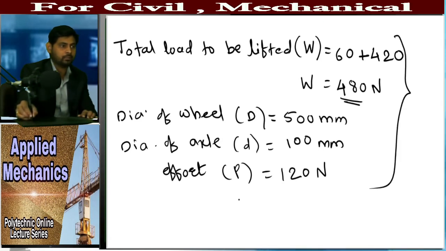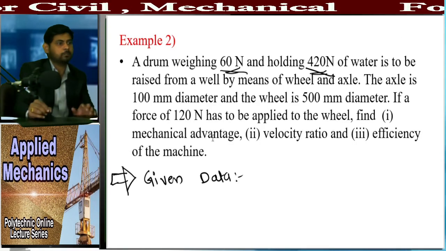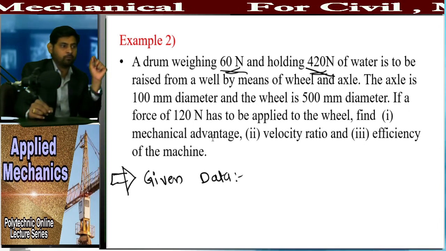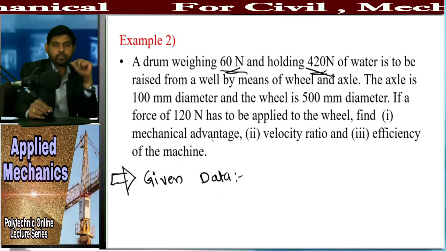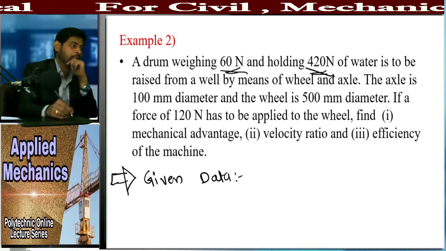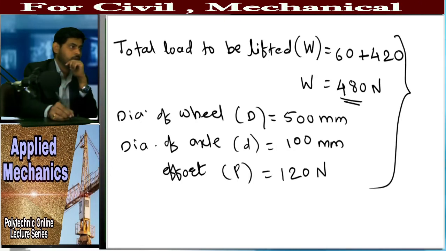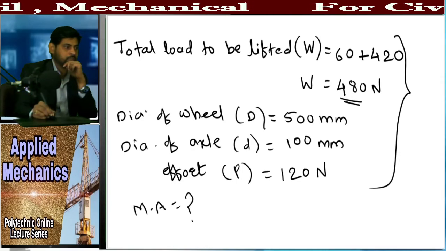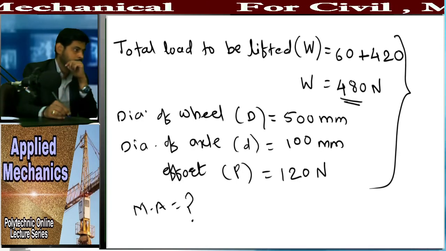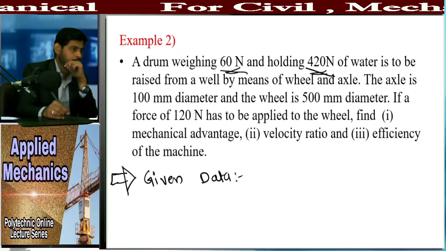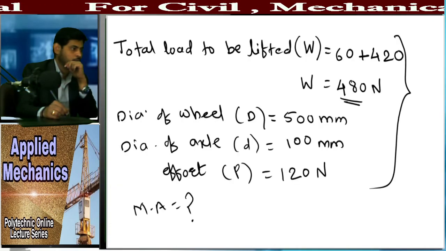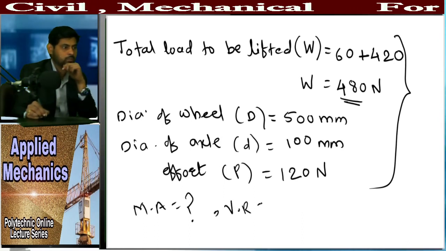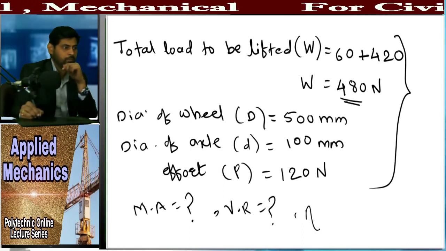After that, what did the problem say to us? Find first the mechanical advantage, second the velocity ratio, and third the efficiency of the machine. So we have to find the value of mechanical advantage, the value of velocity ratio, and the efficiency of the machine.